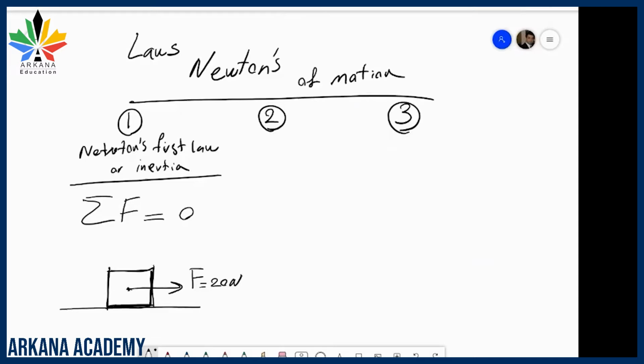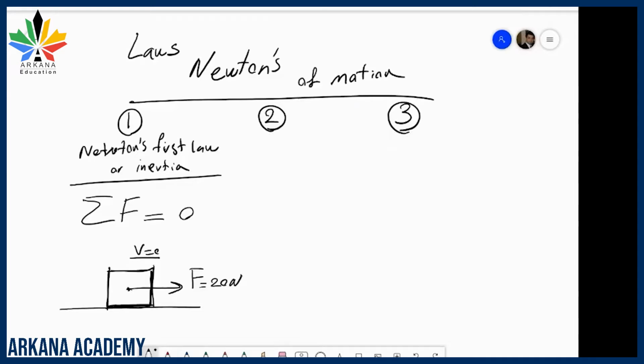Since it's not moving, the velocity is still equal to 0, even though there's a force, because the box is not moving. Since the box is not moving and the velocity is 0, we are considering Newton's first law of motion, or inertia, which says the combination of all forces has to be equal to 0.